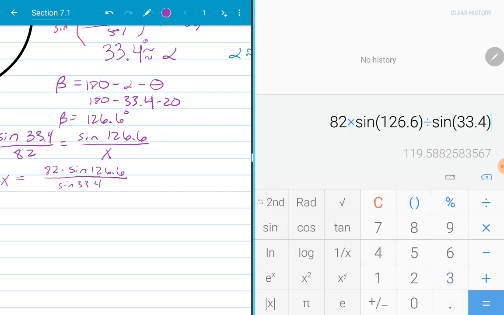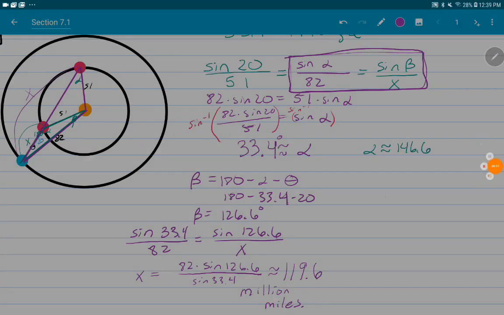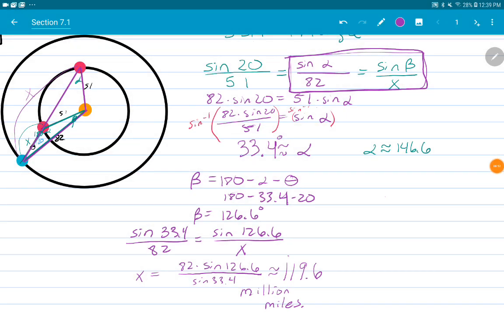And I get that x is approximately 119, let's round that up to 119.6. And this is million miles. So that's our answer for the furthest distance that those two planets could be apart.